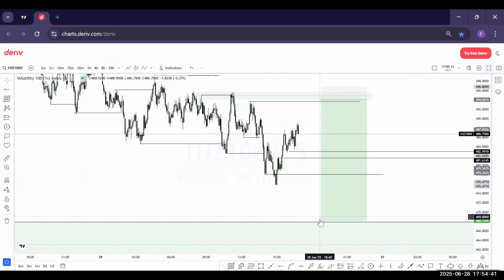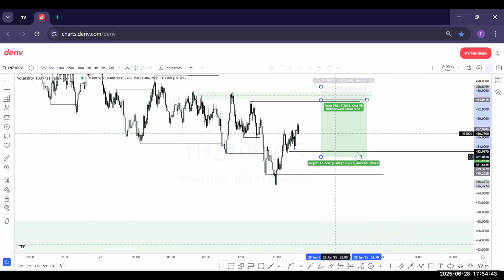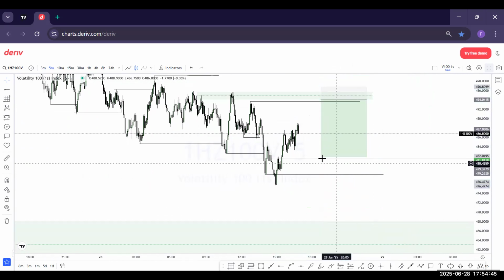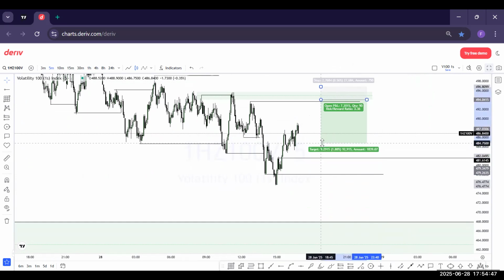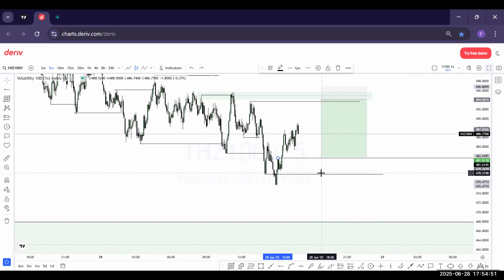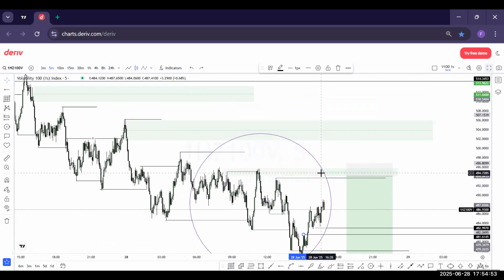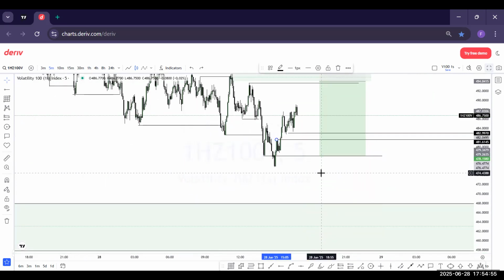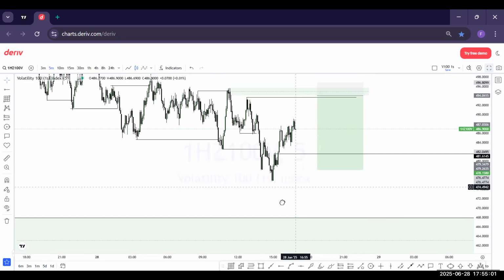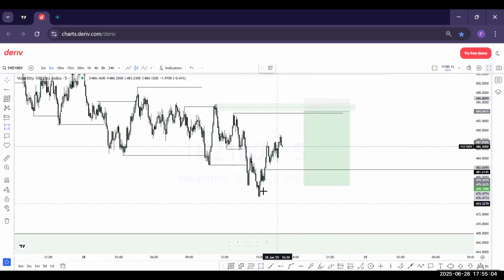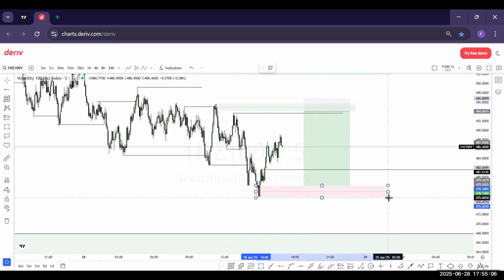So, here's my target for continuation trade. Your 1:3 is here. Use better lot size. You can target 1:3. But overall, I'm targeting this demand leg.